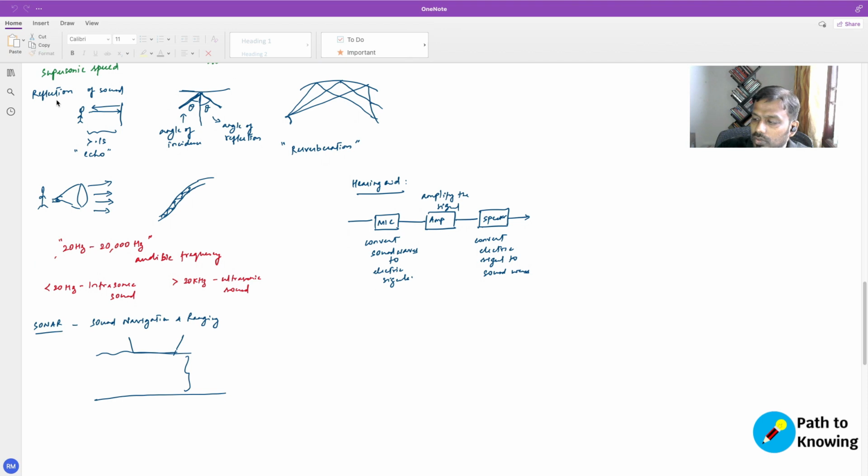which means that your sonar has two components. One is your transmitter, and the second part is your detector. The job of the transmitter is to emit sound waves, and once the sound wave hits the bottom, it will come back, and that will be caught by the detector.